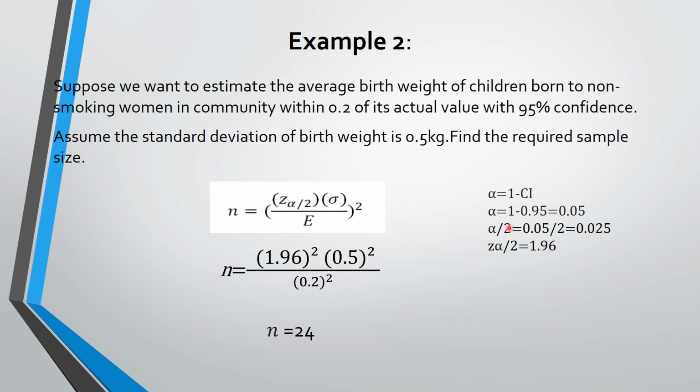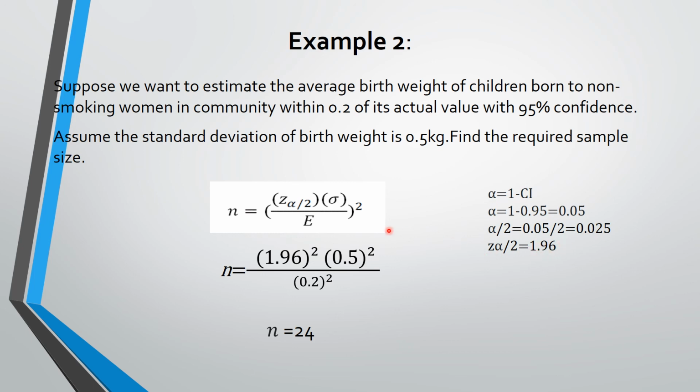So alpha by 2 will be the value of alpha we have just calculated, that is 0.05 over 2, which is equal to 0.025. Now we will look for this z alpha by 2 value at 0.025 level of significance in the z table. So that value would be 1.96.